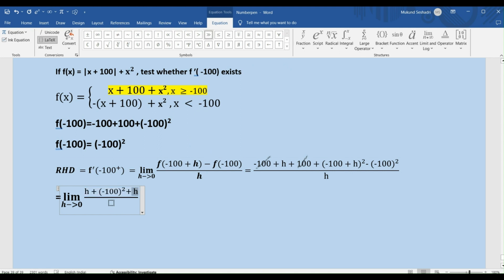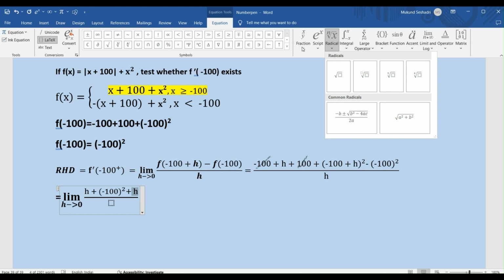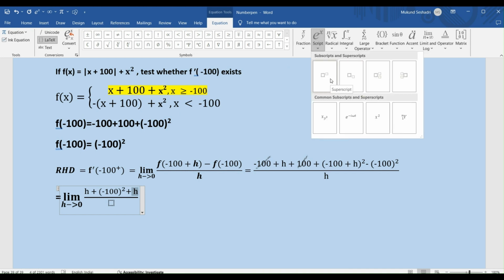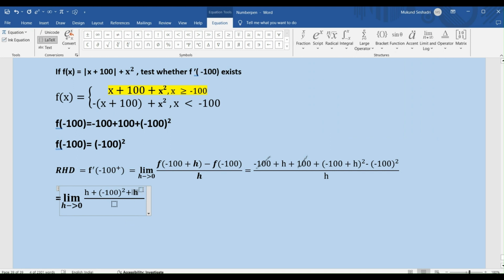So all that I'm doing is I'm using the formula a plus b the whole square equals a square plus b square plus 2ab, right? So this is what I get. And then I have my 2ab as 2 into h into minus 100. And what is that? Minus 200h, right? And then I still have my f of minus 100 along with a negative sign here. So I'm going to copy that as it is and have my h in the denominator still. It looks like we can do some more cancellation.